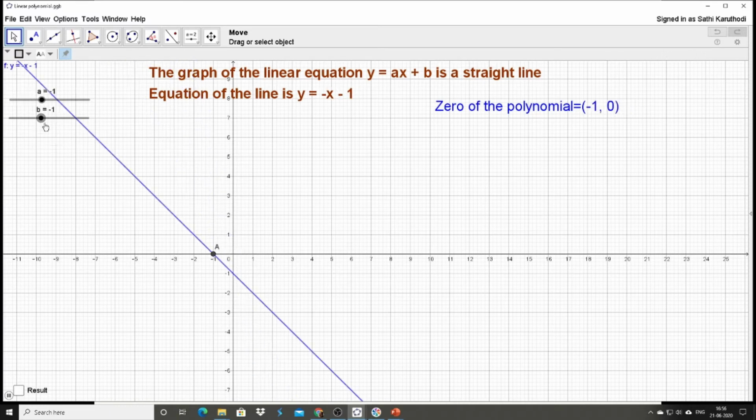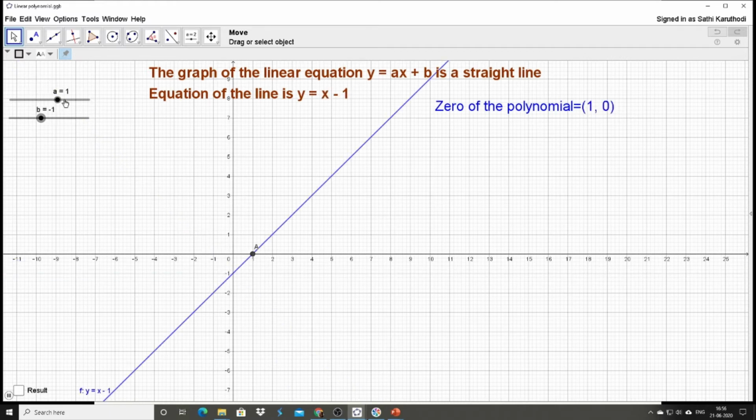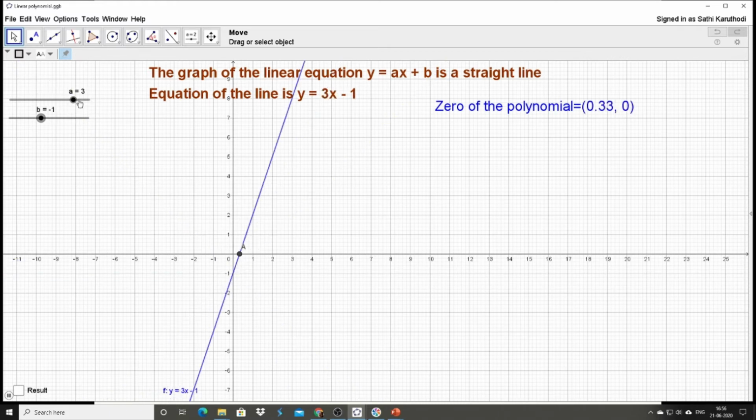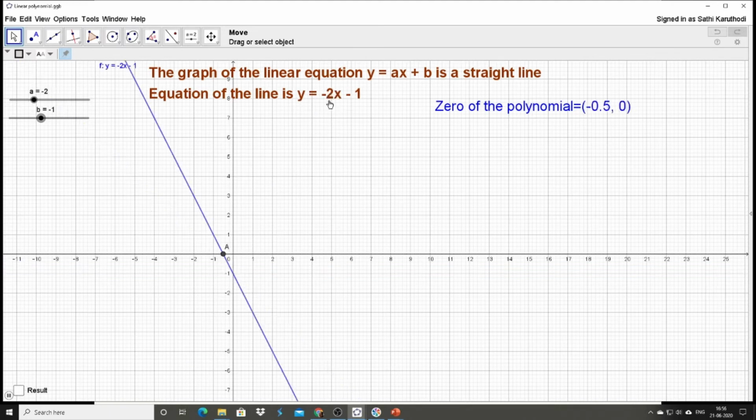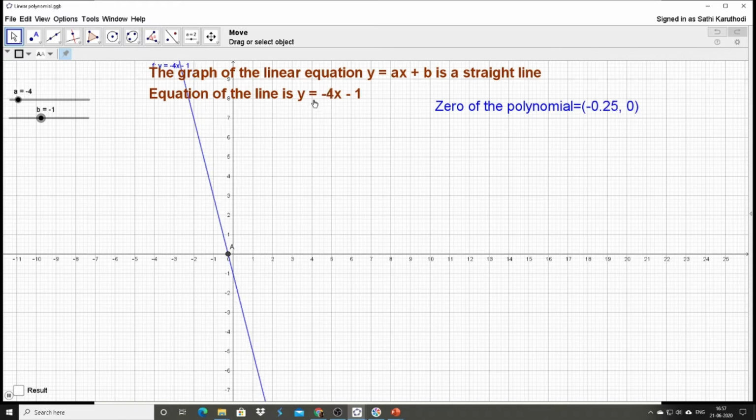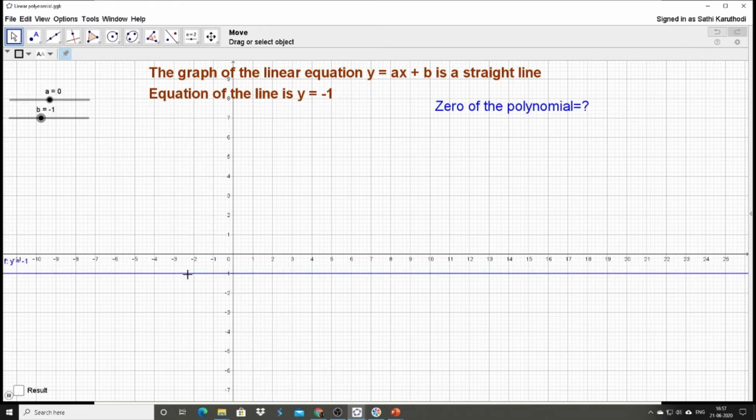When b is equal to minus 1, a takes different values as 1, 2, 3, 4. In the equation we can see the changes, that is minus x minus 1, minus 2x minus 1, like that different equations are forming and the graph is moving along the x-axis.